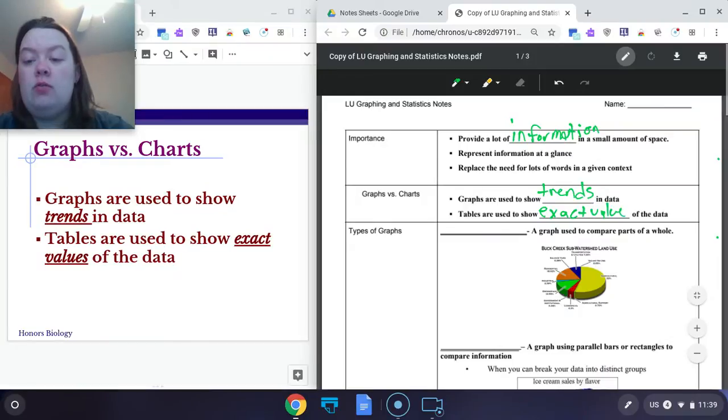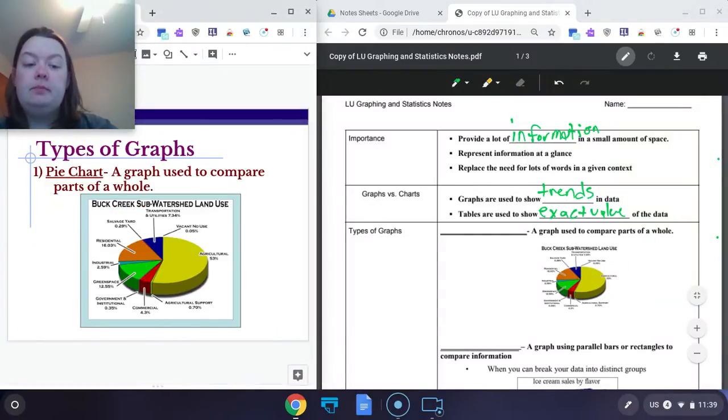So a graph is good to show a trend, a general what happens over time, just general trends: increasing, decreasing, going up, going down, leveling out. But a table shows you exact number values.